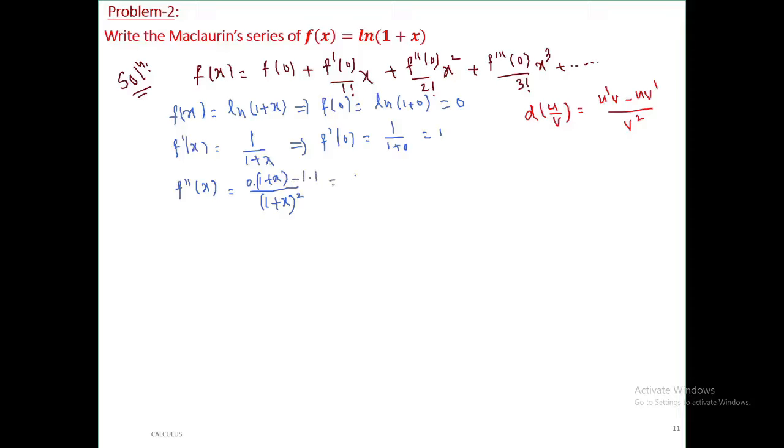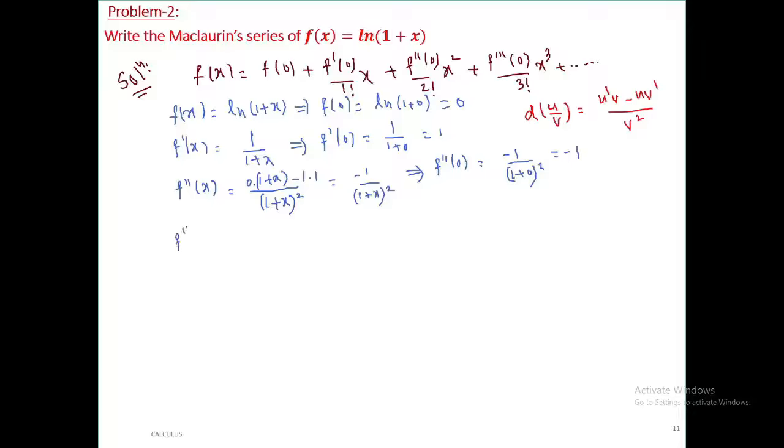So this will be minus 1/(1+x) squared. Now f''(0) is minus 1/(1+0) squared, which is simply minus 1 only.